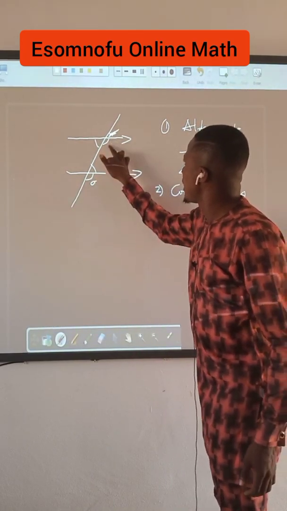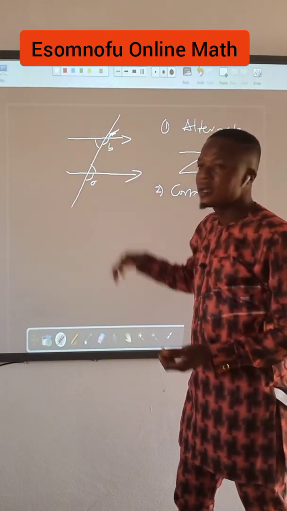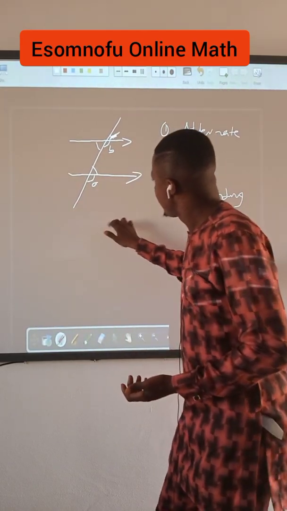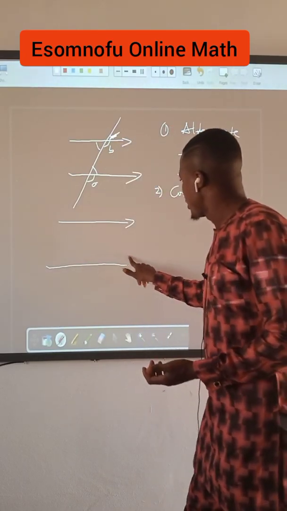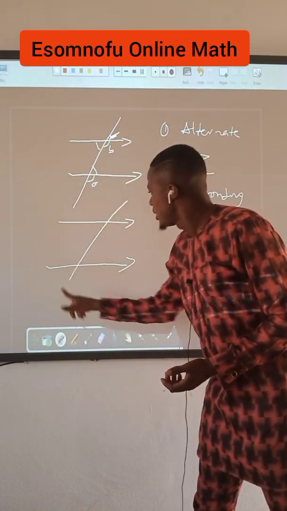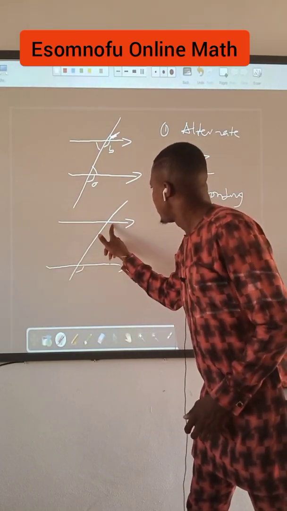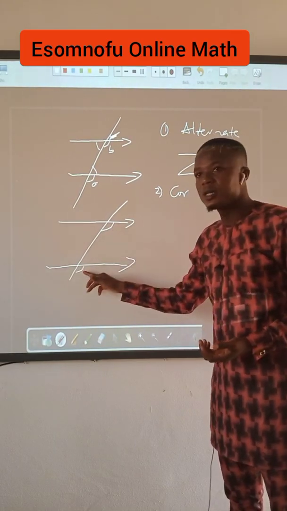Angle A and angle B, they are corresponding because they are formed on different sides of a transversal. For clarity, supposing you have a parallel line here and another parallel line here, this is still a transversal. Any angle formed here and the angle formed here are said to be corresponding angles. You can see that one is inside and one is outside.